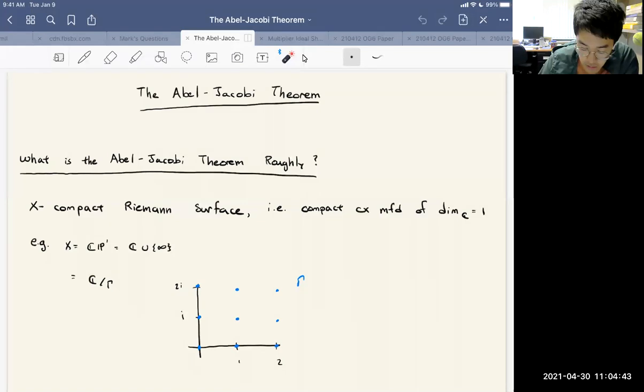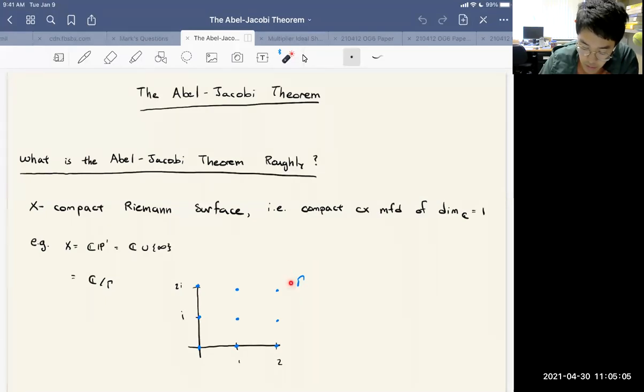We also have C mod gamma. It's another example of a compact Riemann surface. You take the complex plane, and gamma is this lattice inside of the plane, these blue integer points here.